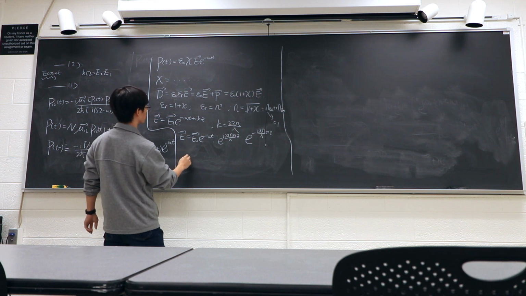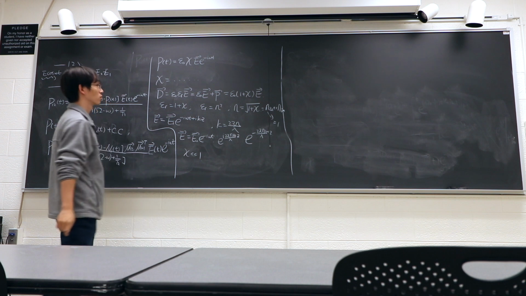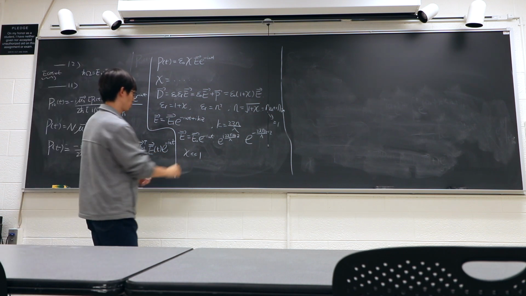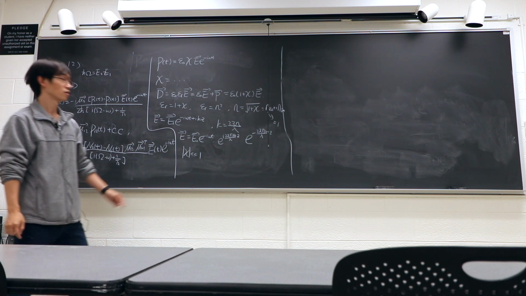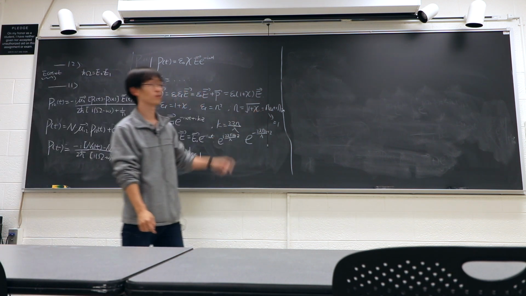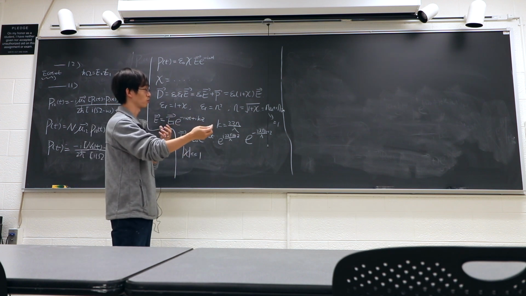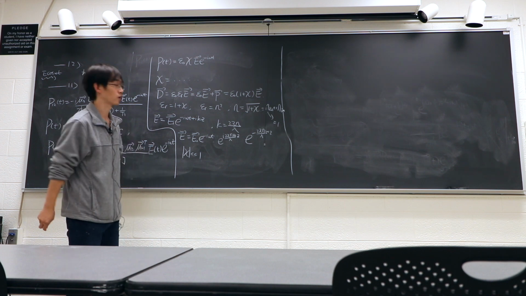So what you will see is chi. Assume chi is much, much smaller than 1. This is not necessary. If you think it has a large real part, it's fine. You just split the real part and imaginary part and just assume the imaginary part to be very small. You can arrive at the same answer.